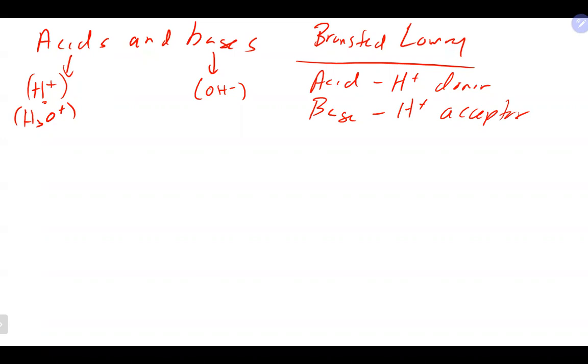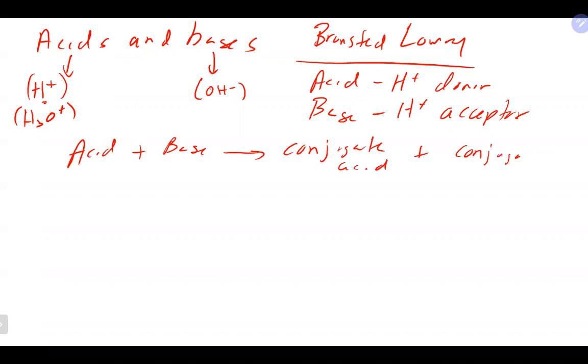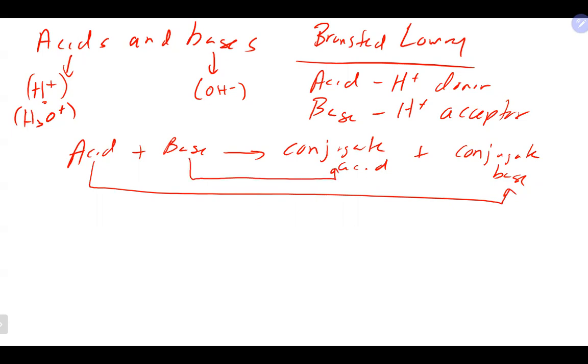So when we take an acid and a base, we will end up with a conjugate acid and a conjugate base. And the relationship is the acid on one side is related to the conjugate base on the other, while the base on one side is related to the conjugate acid on the other side of the arrow.